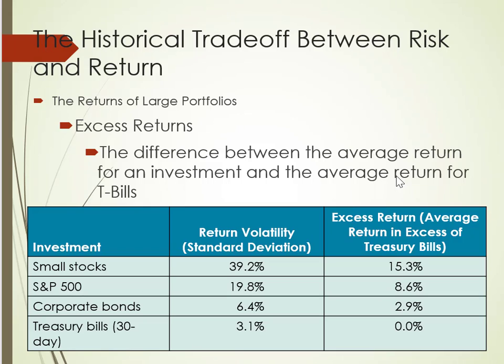The S&P 500 is about 8.6%. But the point we're trying to make here is that we're looking at sectors. Where we're ultimately moving is to think about how we can determine an expected rate of return for an individual investment. It's going to take some more videos to work our way through this.